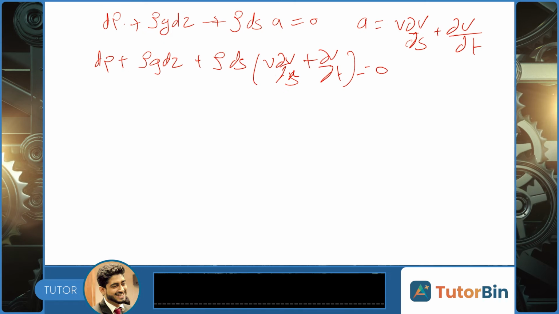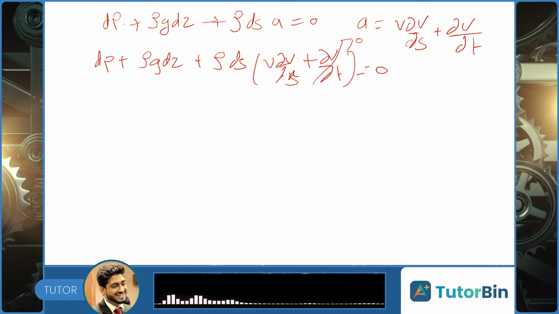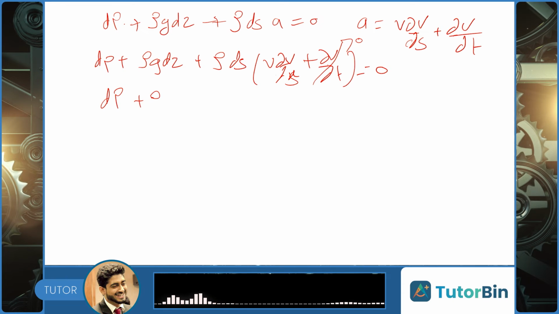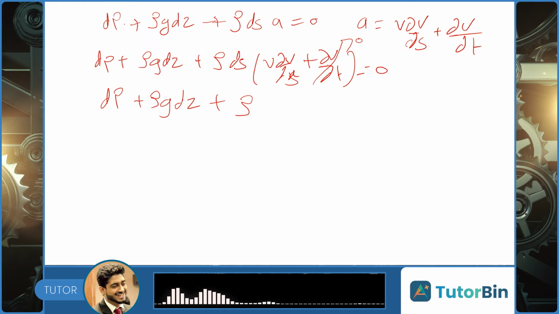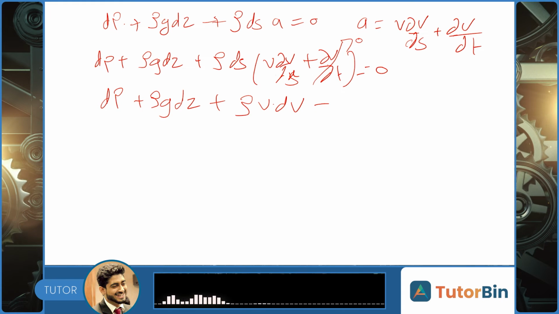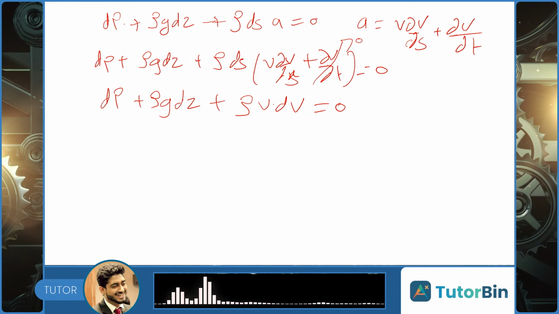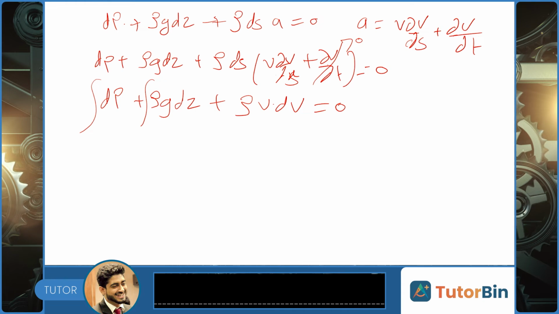For a steady flow, the time derivative term will vanish and the ds term will cancel out, and we will be left with dP plus rho g dz plus rho v dv equals 0. Now we can integrate all these terms.